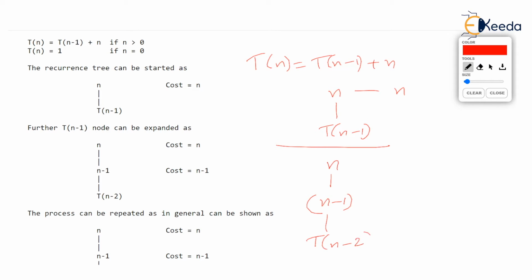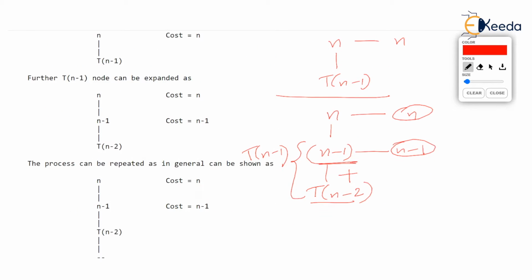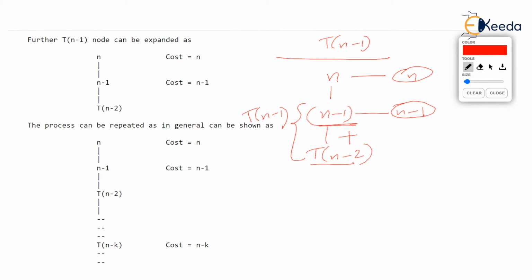You tell me, isn't this Tn minus 2 plus n minus 1? Isn't this Tn minus 1? So what are the costs? The cost at this level is n. The cost at the next level is n minus 1. So if you extend this tree, what is Tn minus 2 going to be substituted as? It will be n minus 2 added with Tn minus 3.